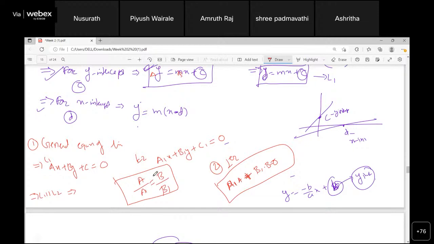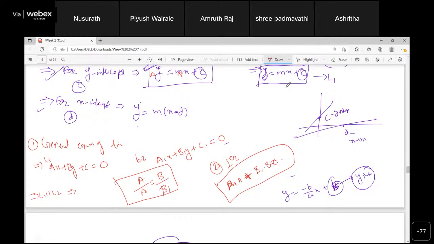For parallel lines, the coefficient ratios of x and y should be equal. For perpendicular lines, the sum of the products a1 a2 plus b1 b2 is 0.